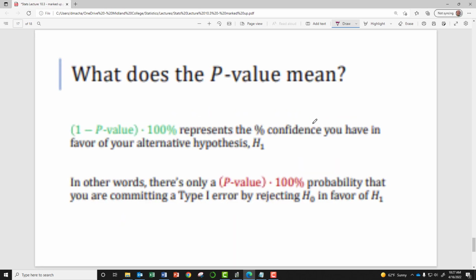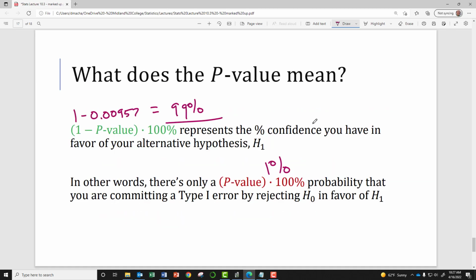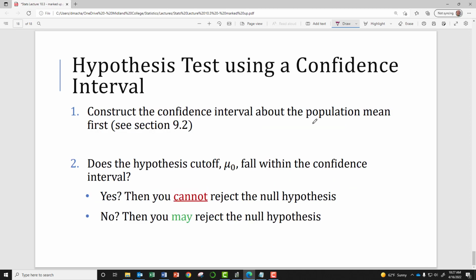But without calculating the p-value, you won't have an exact percent confidence. So the benefit in doing the p-value method is that you can accept or reject your null hypothesis, and then you also have an exact percent confidence you have in your alternative hypothesis. So there's pros and cons to doing both. And if it were me as a statistician evaluating some claim, I would actually do my hypothesis test using both methods.